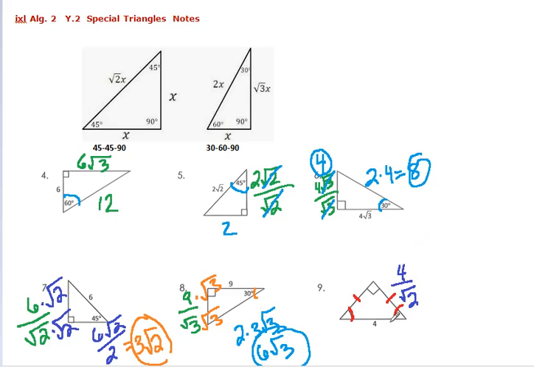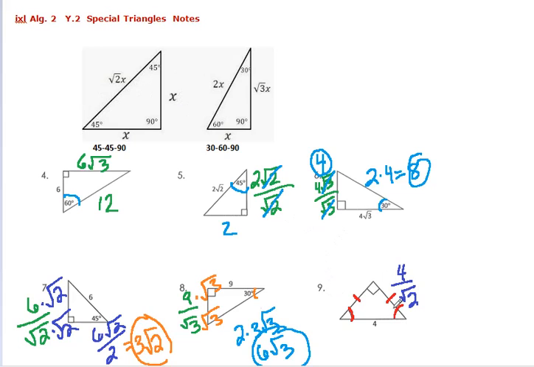On this one, the clues are that these angles are the same. If the angles are the same, then the sides have to be the same. So that tells us we are dealing with this triangle right there. What we're given is the length of the hypotenuse. The hypotenuse is always the legs multiplied by the square root of 2.